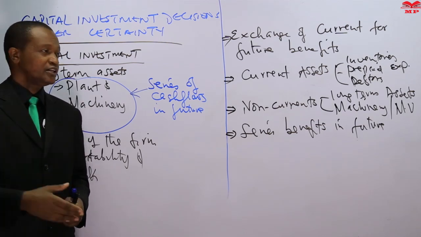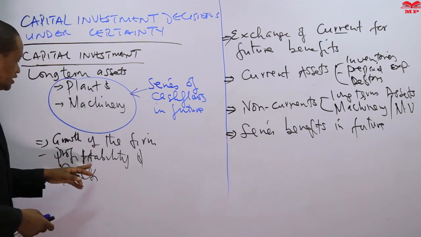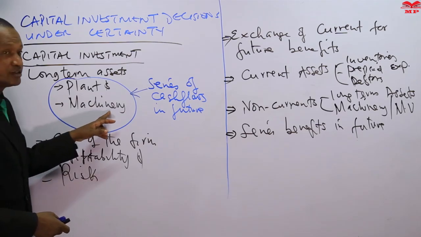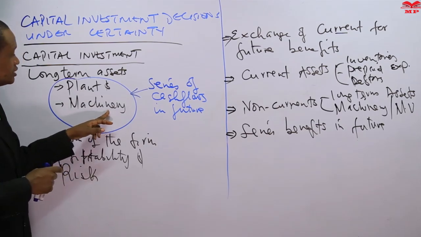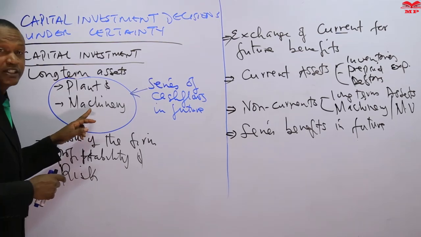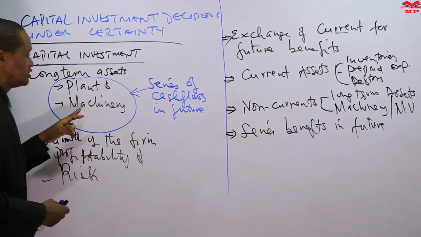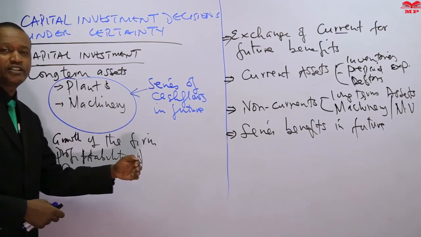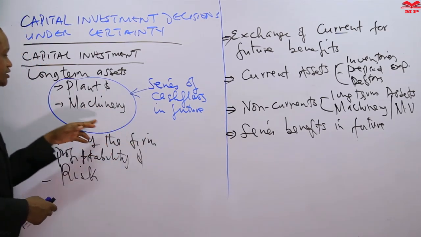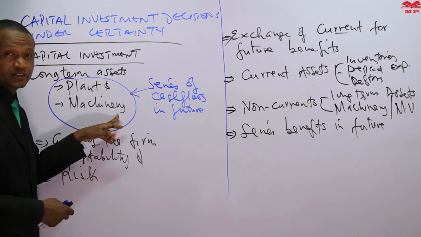If we are, for example, to invest in machinery, a machine, then we should be able to estimate over the next, say, 5 years, after year 1, what is the expected cash flow from this investment in machinery.